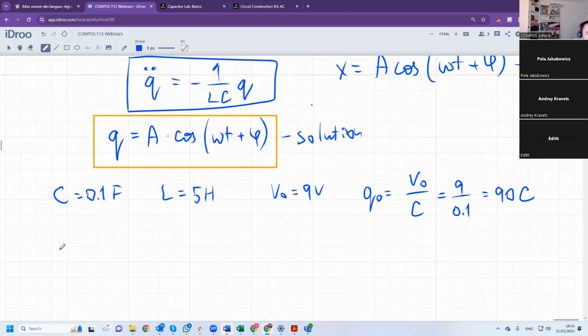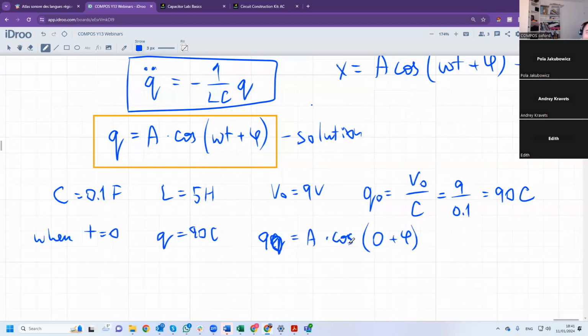That means when t is 0, Q is 90 coulombs. So we can work out 90 equals A multiplied by cos(0 plus phi).